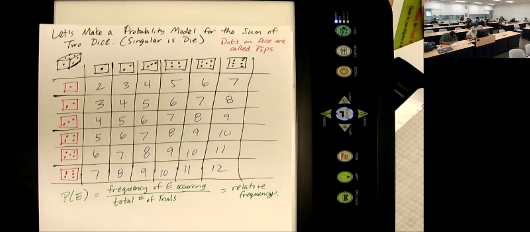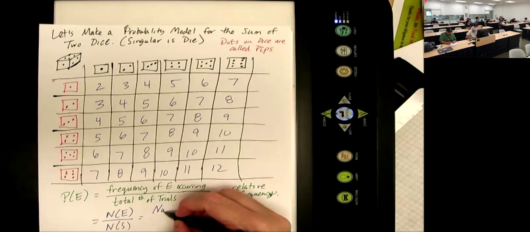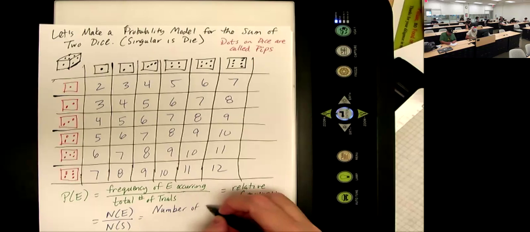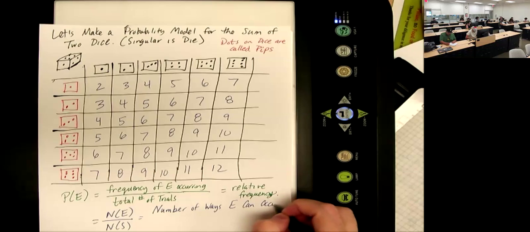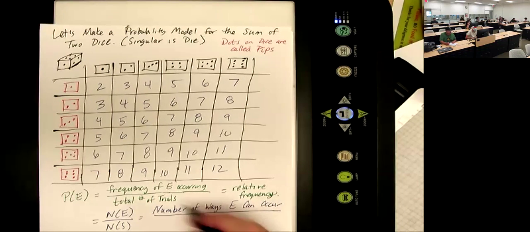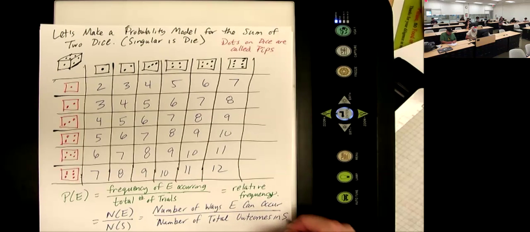There's another way they list this, they say N(E) over N(S). This is the number of ways E can occur, and this is the number of total outcomes in S, the entire sample list.